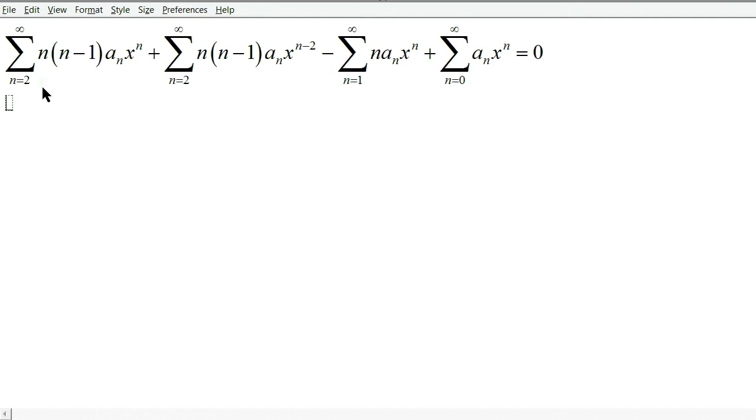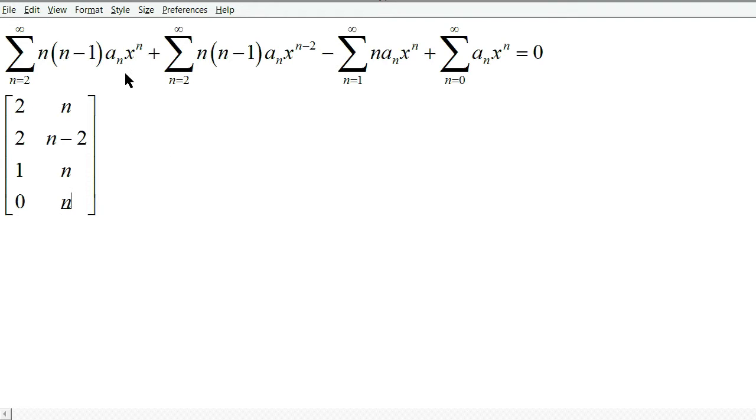What I use is a matrix to write down the starting indices of all of the summations, and I also write down the starting powers of x. So a 4-row by 2-column matrix. The starting index of the first series is 2, the next one is 2, then 1, then 0. And then we have the power of x: n, n minus 2, then n, and then n.